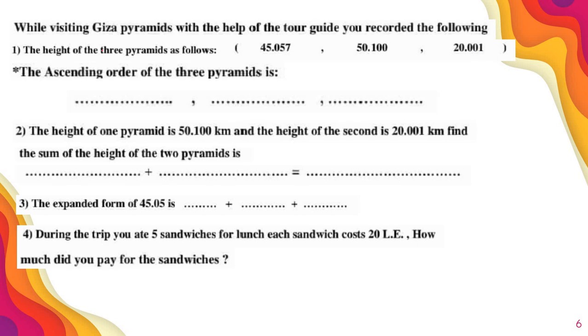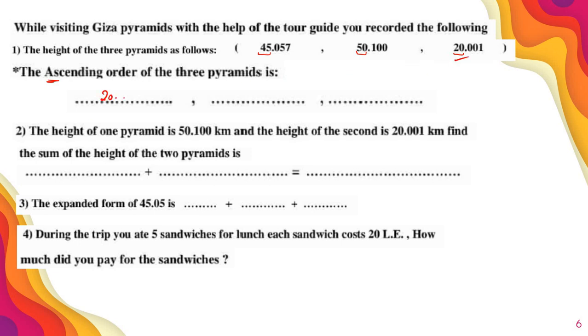20.001 kilometers. So if I want to arrange the three pyramids in ascending order, ascending means what? From small to big. Which one is the smallest number? How do I know? Starting from the whole number. Underline the whole number here. I have 20, 50, and 45. Which one is the smaller? Yes, it's 20.